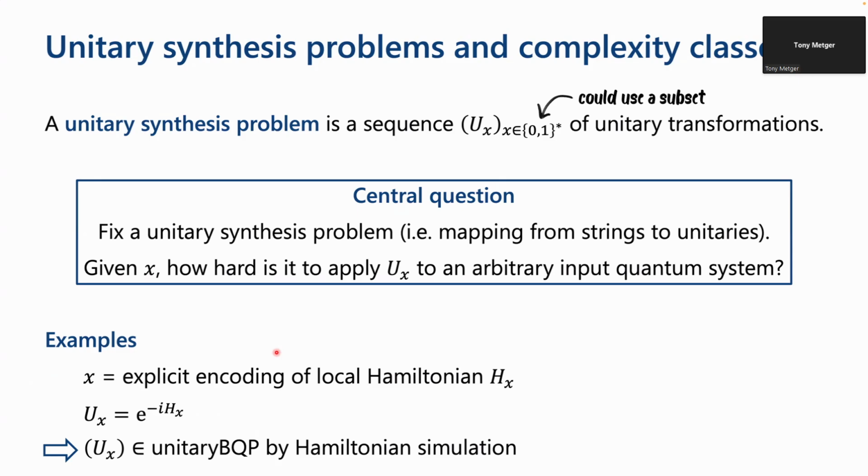Do you have a difference between unitary BQP space and unitary P space? No, this is a bit unfortunate. BQP space as a decision class is equal to PSPACE, right? That's what we're saying.